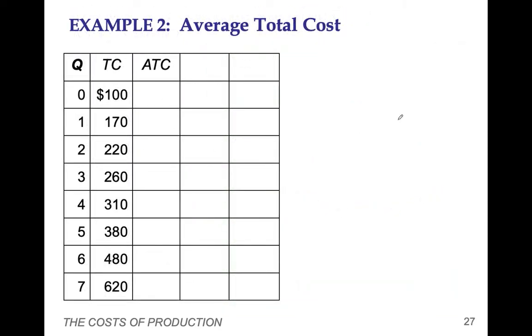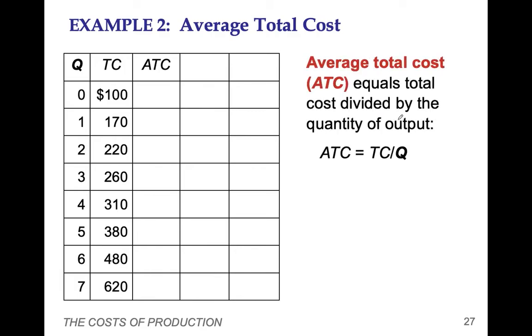So the average total cost is equal to total cost over quantity produced, quantity of output.